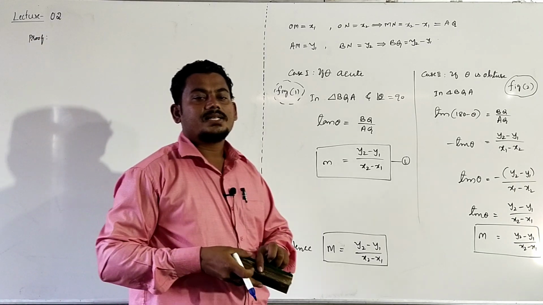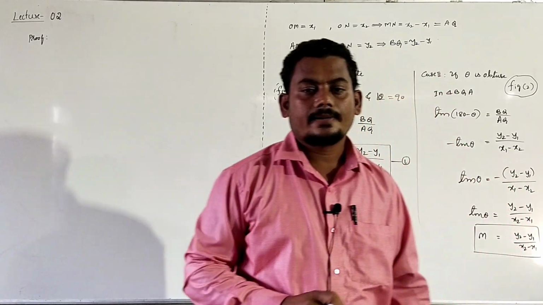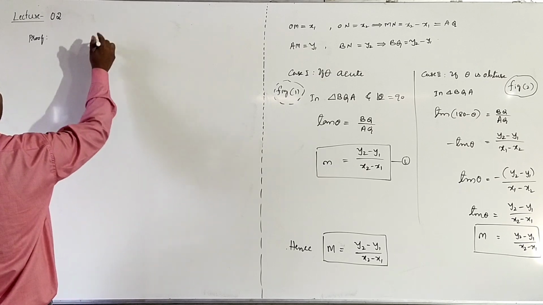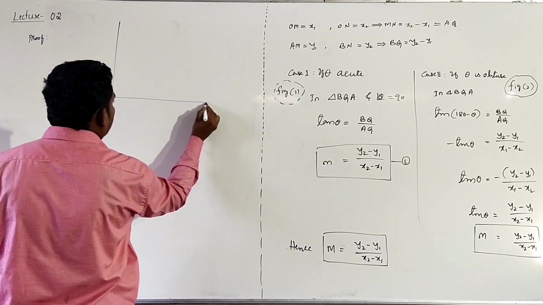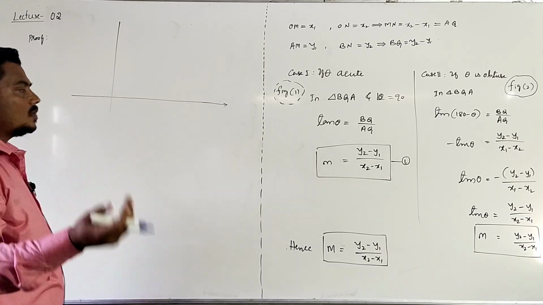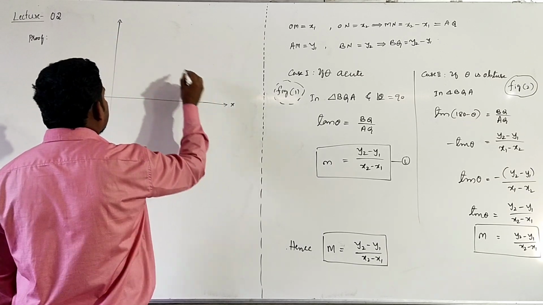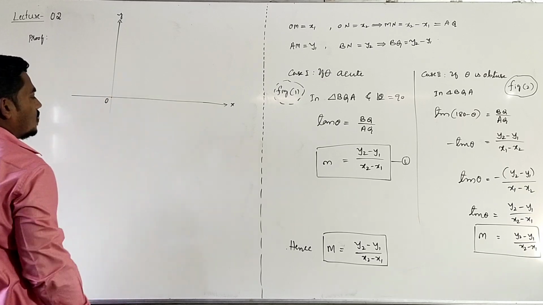First draw the figure, then write the explanation, after that the derivation, right? Just consider a 2D plane. Consider a 2D plane and take two straight lines. Clearly it is the x-axis and it is the y-axis. The intersection is O, the origin.